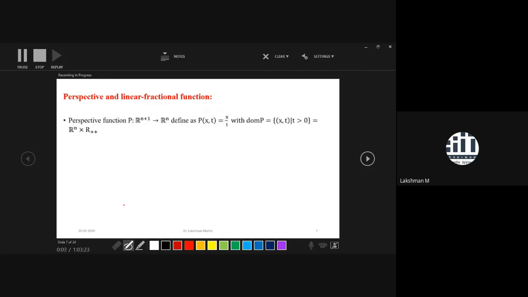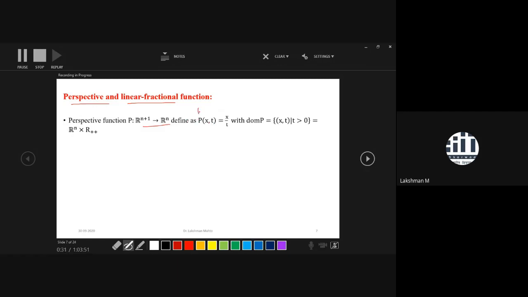Now, apart from affine transformations, there are a few interesting maps, and we are going to discuss two important ones. One is the perspective function, another is the linear fractional function. The perspective is just similar to projection. Suppose you have a map from Rn plus 1 to Rn. How do we define it?